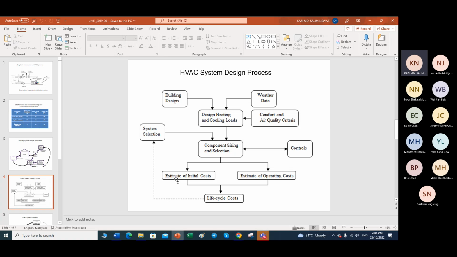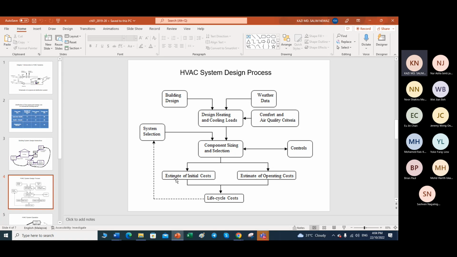The life cycle cost involves how long the equipment will last, its warranty period, and how long the system can run without any alteration. Gradually the capacity or efficiency will drop down, so we need to do balancing and modernization.